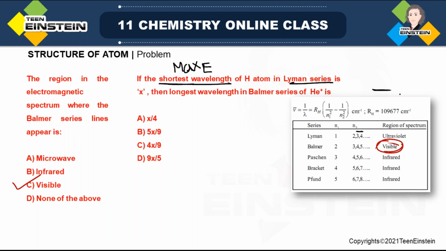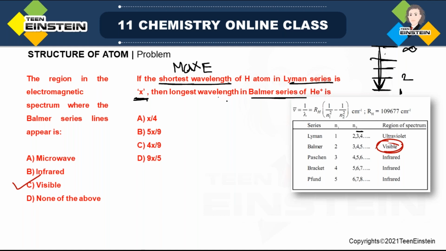Suppose this is n1, this is 2, then 3, then 4. Then in this way there will be some infinity. So this gap is maximum, and we have to consider maximum energy because it is shortest wavelength. So that is why n2 will be infinity. So if under this condition the shortest wavelength is x, you have to find from this information the longest wavelength for Balmer series.